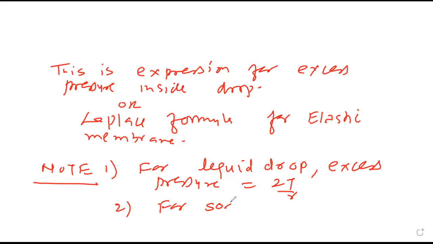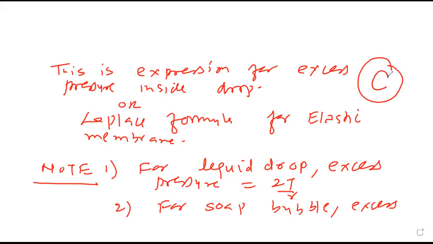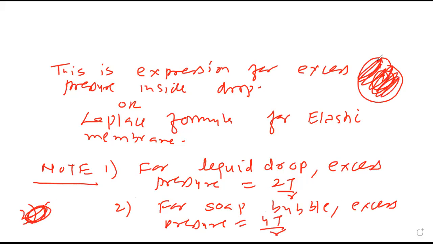For soap bubble, two surface areas are increasing. Like this is a spherical bubble, then this will increase and this will also increase. So net excess pressure we write as 4T by R. Please remember this. For an air drop, the inside is filled with air, so only this one area increases.